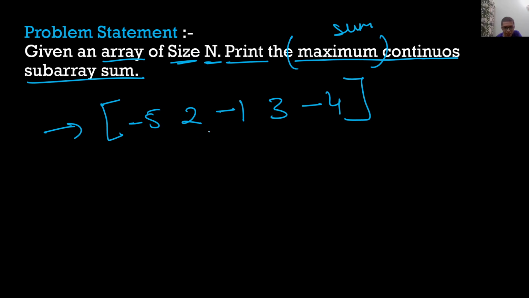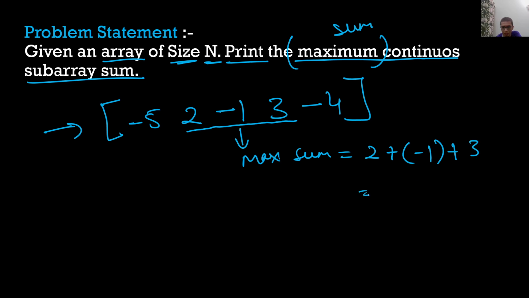So in this case, this subarray 2, -1 and 3 will offer us the maximum sum, right? And the maximum sum would be 2 plus -1 plus 3. So 2 and 3 would be 5, 5 minus 1 would be 4, right?